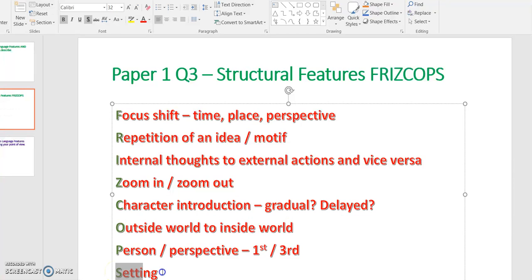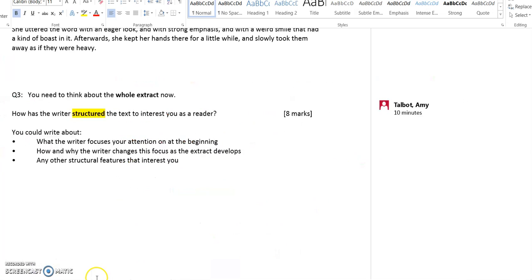Usually the question asks you to look at the opening, and sometimes the opening will focus on the setting, which will be a way of introducing you to the world that the writer is trying to create in their text. So that's a little bit of an idea about what we mean by structure and how a writer structures it.